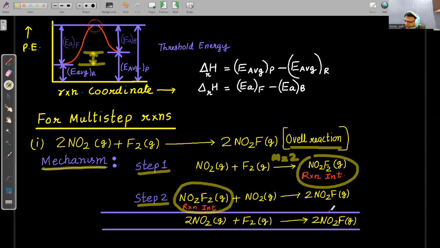When I add these two reactions, these are reactants, 2NO2 plus F2, and this is the product. So this formed in between and was consumed in between, therefore we call it a reaction intermediate. And since we found only this chemical species, we say it is a two-step process. So the molecularity of this second step is also 2, because in collision theory 2 molecules are colliding together.